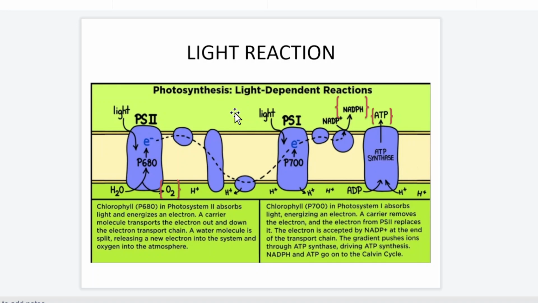In light reaction, the chlorophyll present in the thylakoid membrane absorbs the light. The chlorophyll has photosystem 2 and photosystem 1.